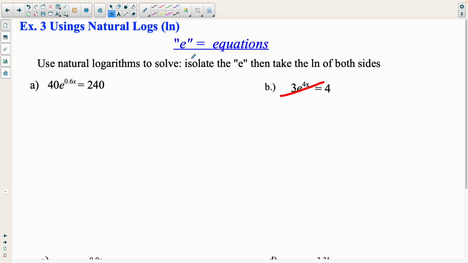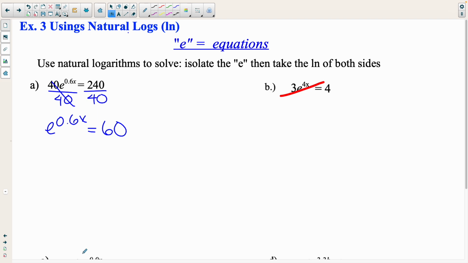So first thing we're going to do with letter A is divide both sides by 40, so we isolate. Okay, now I've got an e equation, so I don't want to use regular logs because then the base won't go away.